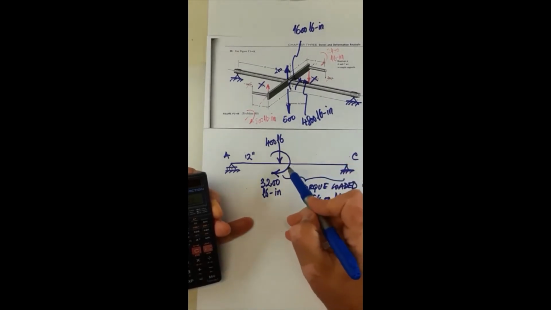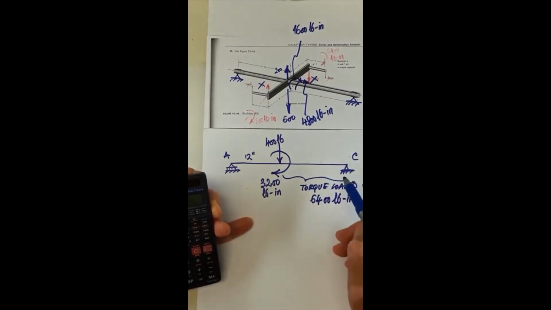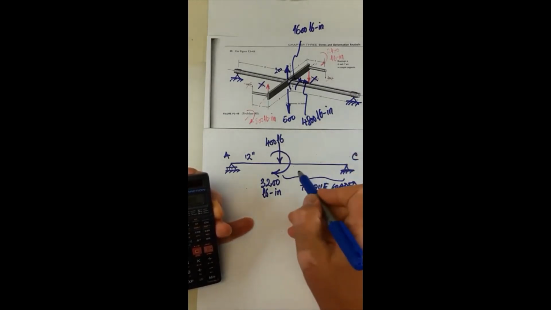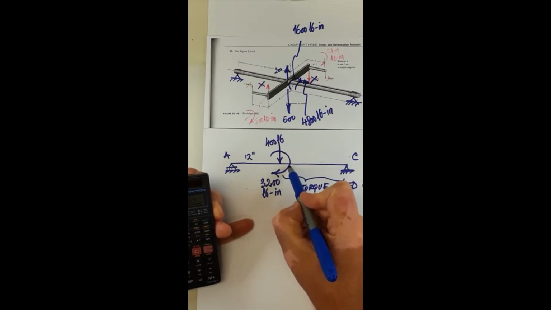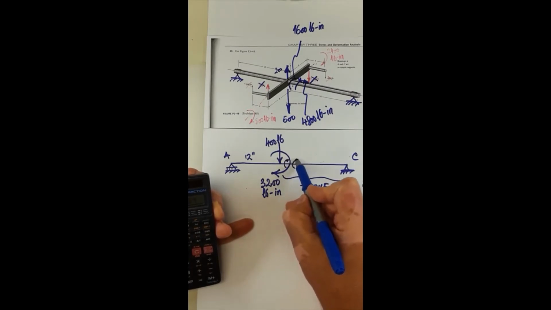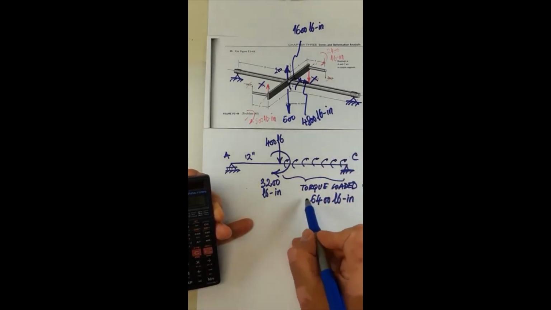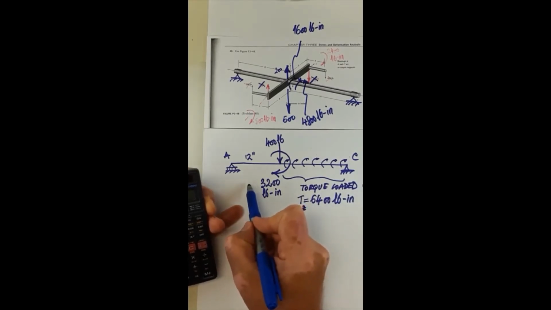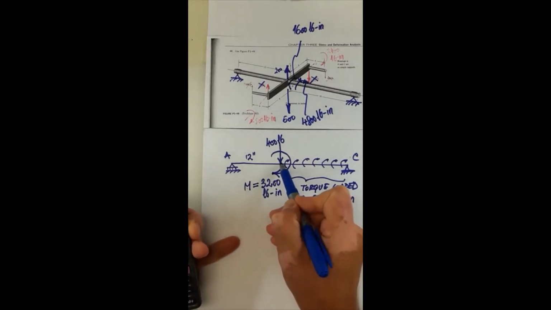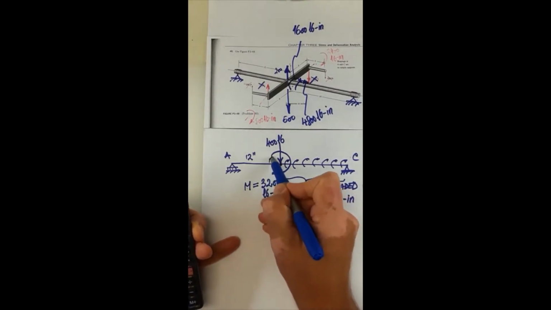And in what direction? It will be the way it's shown, so it's in the positive axis of z. I can represent the torque load in the z direction. This will be a moment that causes bending, so it will be a bending moment M at point B on the beam.